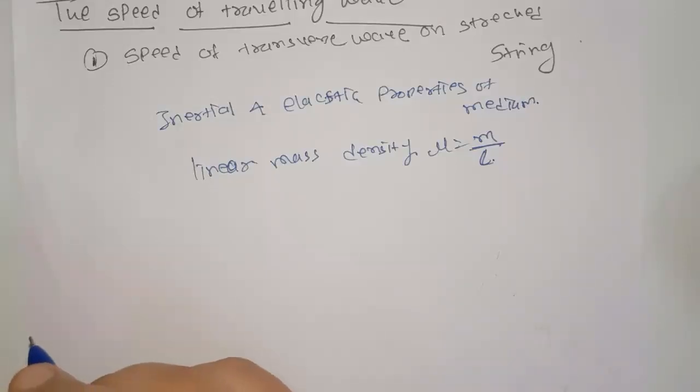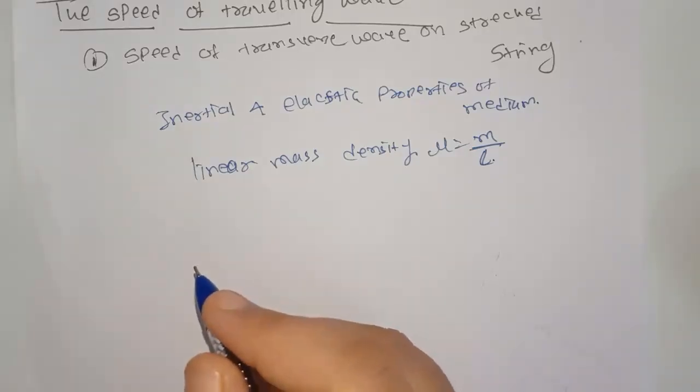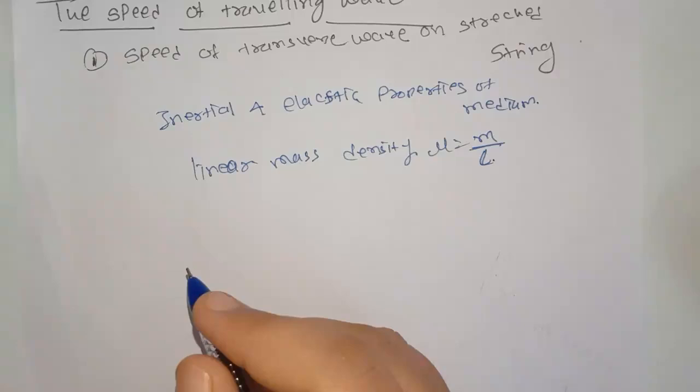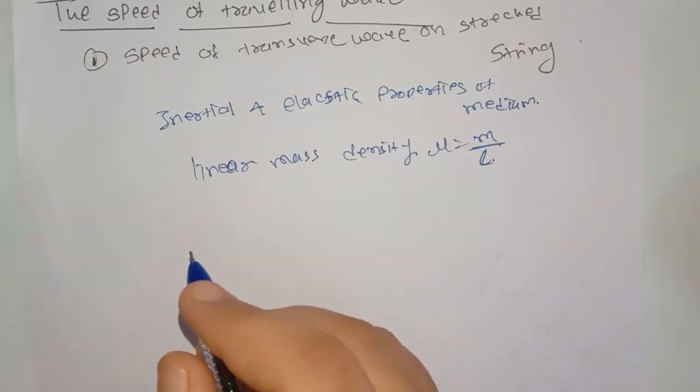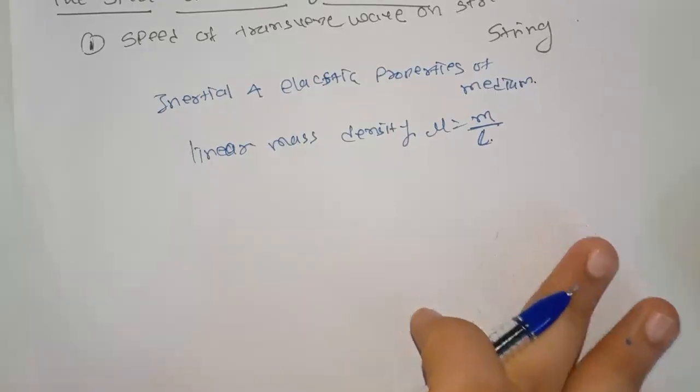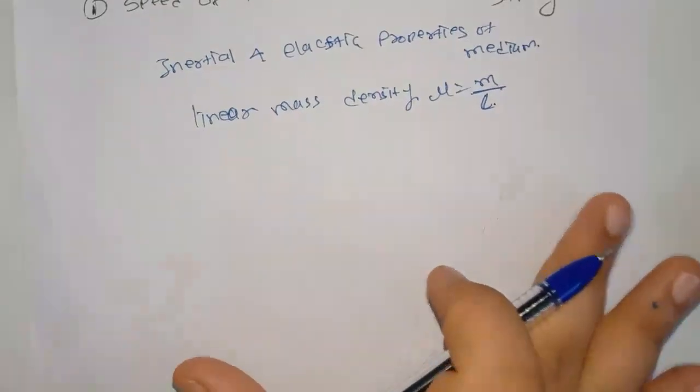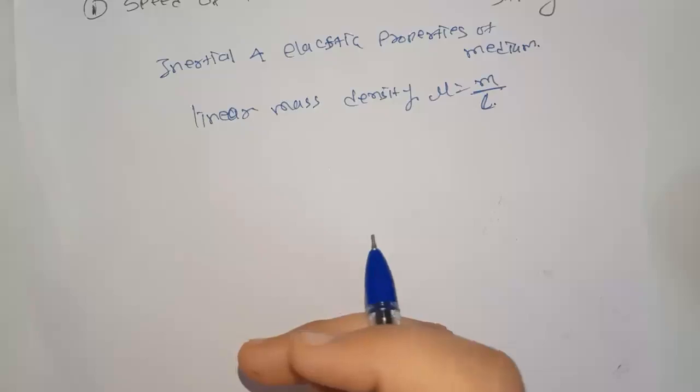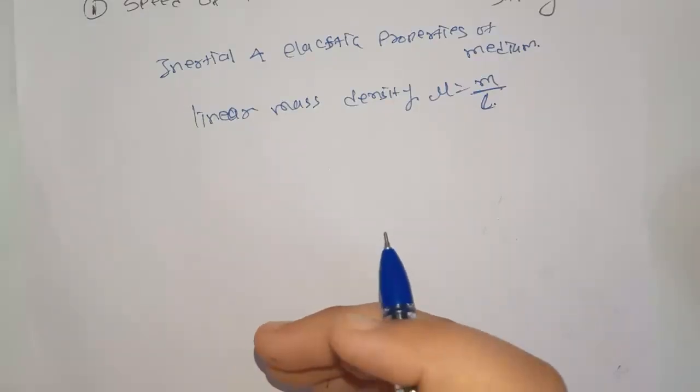We cannot send a wave along a string unless the string is under tension. Therefore, we can associate the tension with the elasticity of the string. The speed is derived by dimensional analysis.